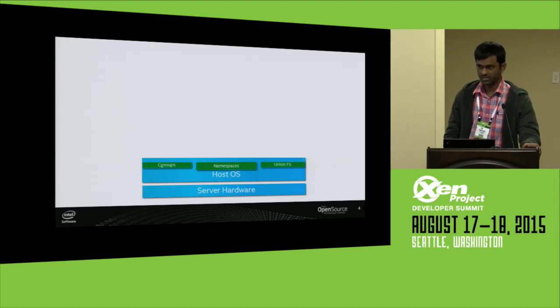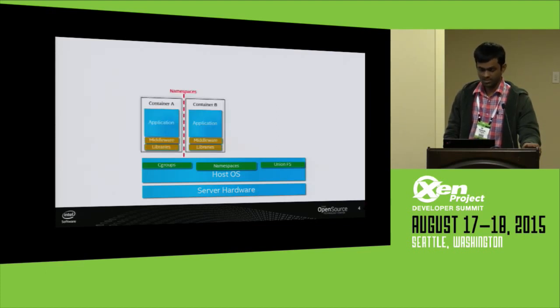Cgroups are for resource control of the applications, namespaces are for isolation between the applications, and union file systems are a low-cost solution for individual mount points for applications.